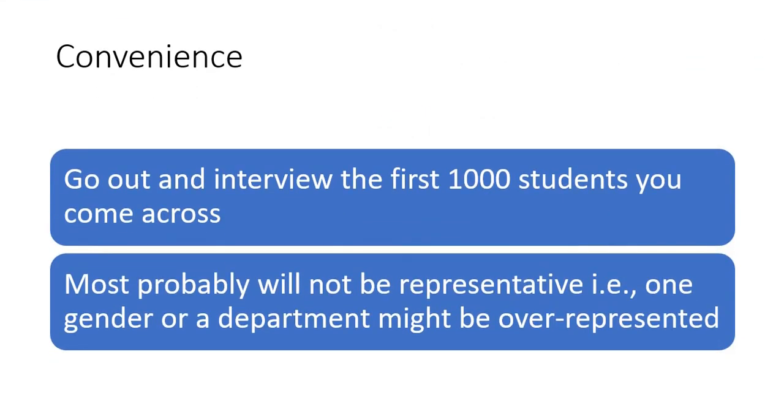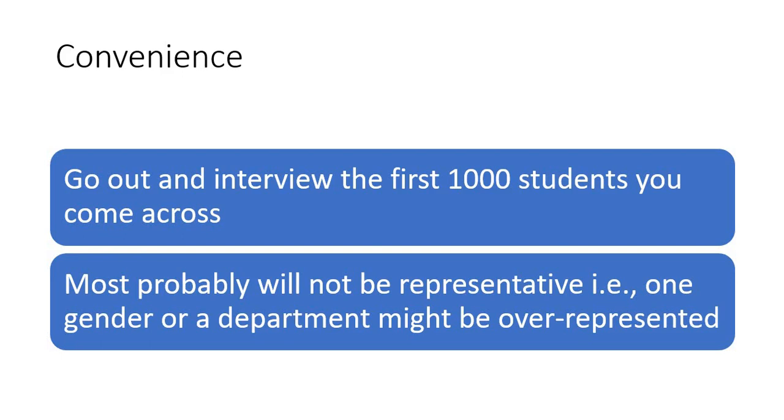So there are many approaches which we can adopt. The first and the simplest approach is to get data on the basis of convenience. For example, we go out and interview the first 1,000 students we come across.